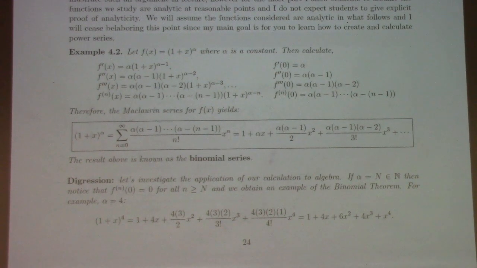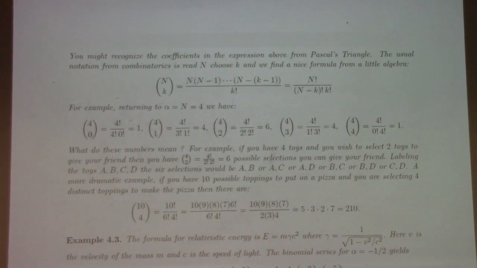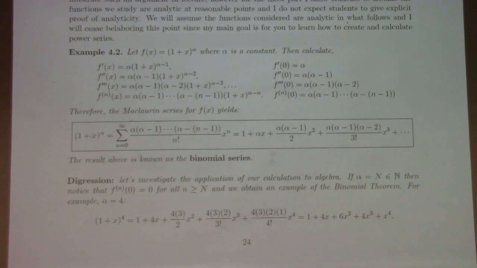But, of course, this overlaps, right? This is the geometric series when alpha equals -1, right? When alpha equals -1, what happens here? You have 1 over 1 plus x, right?